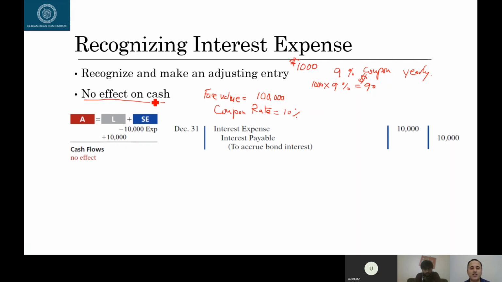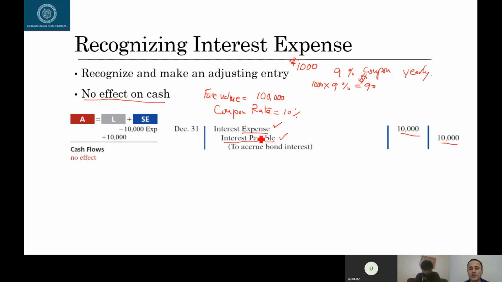As I said, it does not affect your cash position because you're not paying cash. You're only making an adjusting entry. So interest expense, because it's an expense, will be debited by $10,000, and interest payable is credited $10,000. So you created a liability, so that's why it's a credit entry, but at the same time you did not pay it. It's only an expense that you will pay next day or maybe after 1 year.